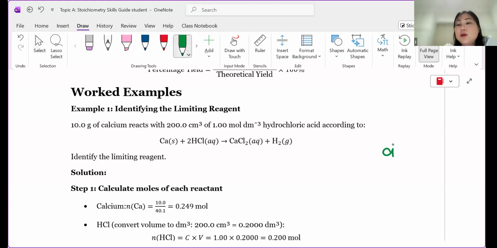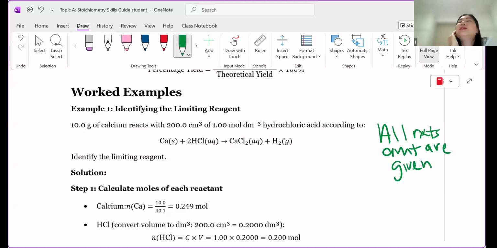And how do they give you the amounts? They may give you in terms of mass. They may give you in terms of volume for gases. They may give you in terms of concentration times volume. They may also give you in terms of particles.